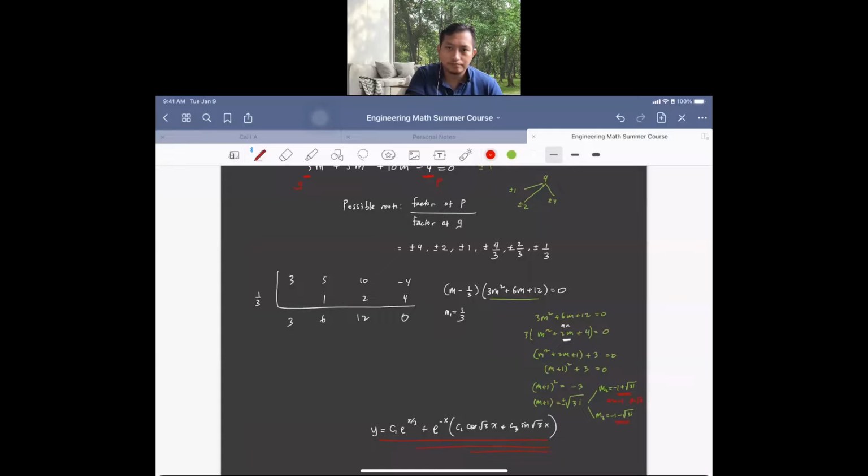You have the multiplicity roots, and you have the complex roots. Okay, any other questions?